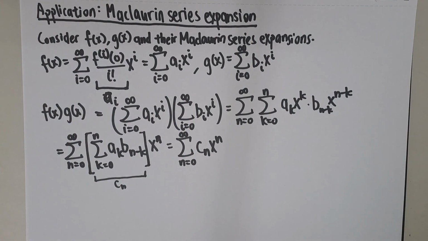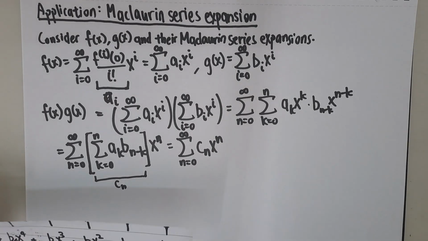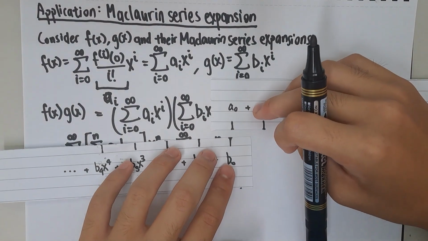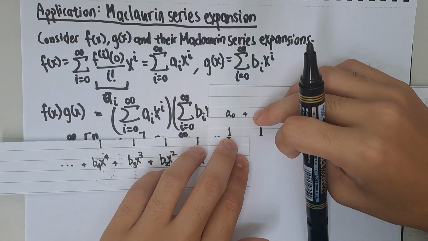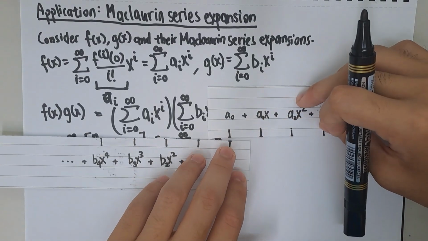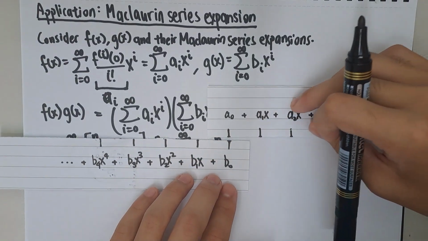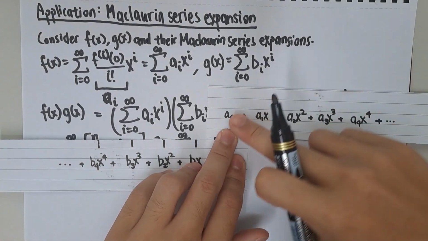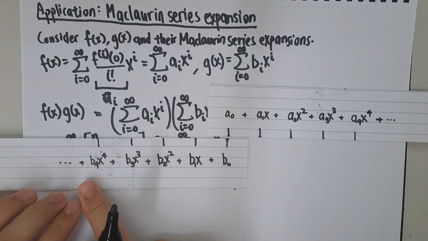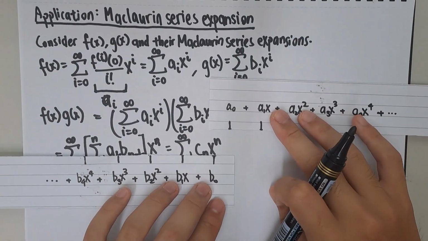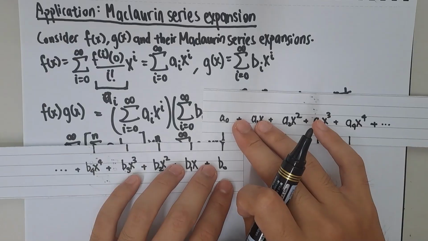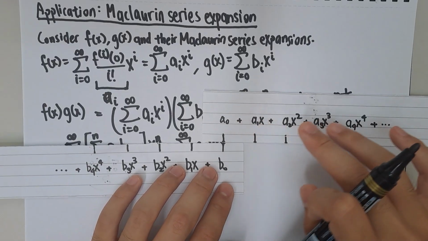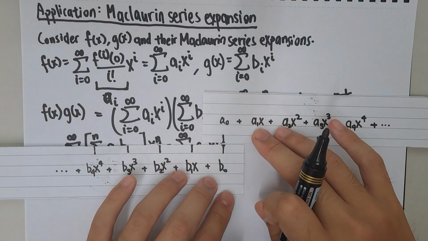We can visualize this slightly more easily with again this sliding array of powers of x here. So here we have f, and this is g. f of x equals this sum, and g of x equals this sum. And here we're doing the product, and this is kind of the process that we're taking.